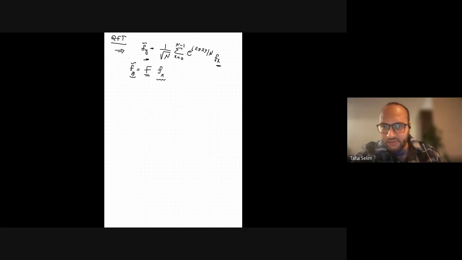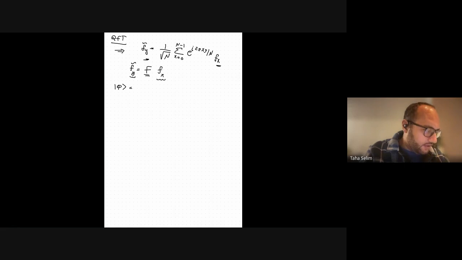Similarly, in a quantum system, we have a new state phi, which equals a matrix called the quantum Fourier transform acting on a state psi.